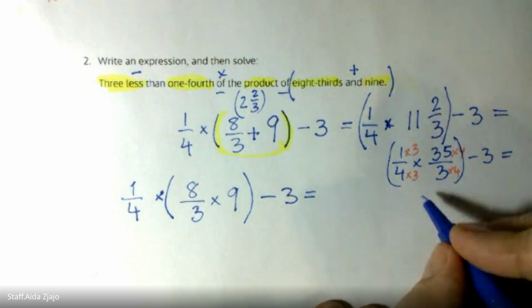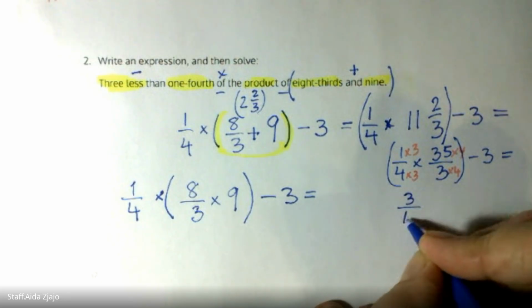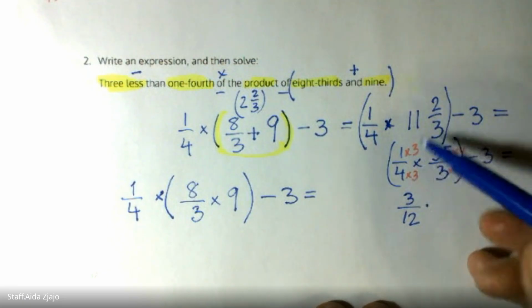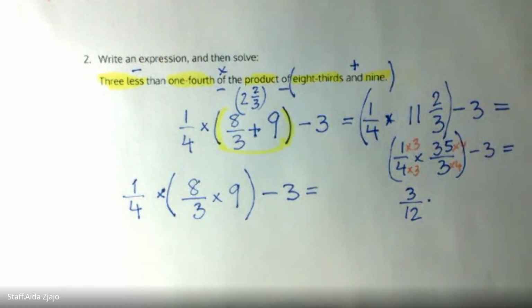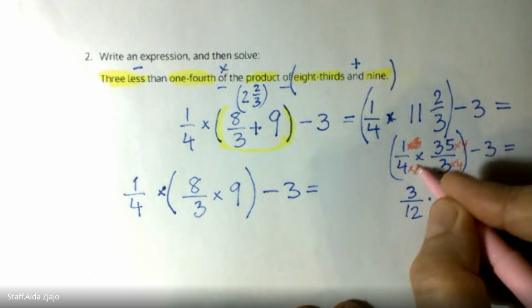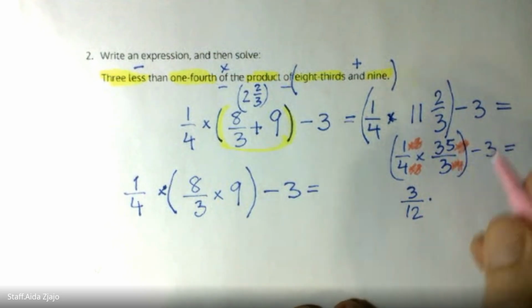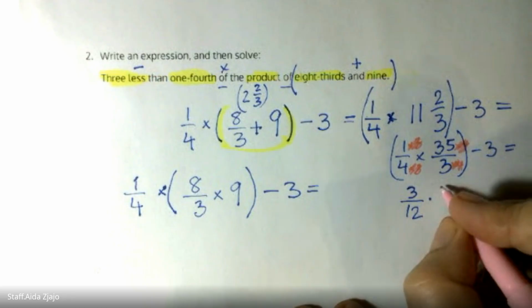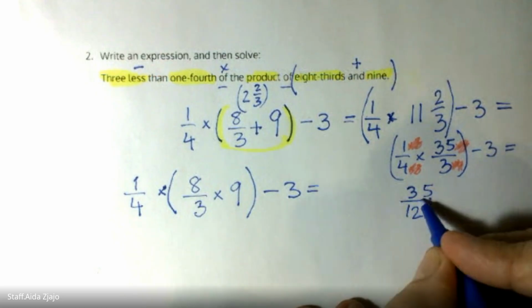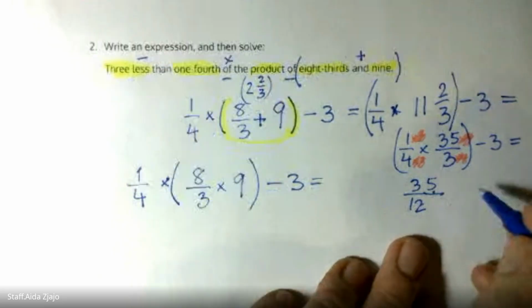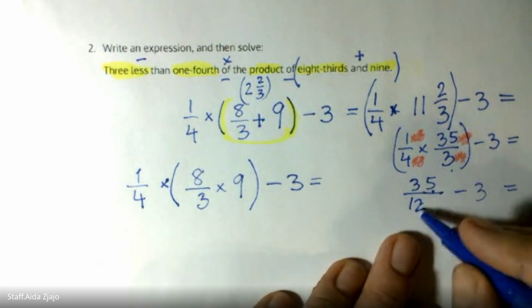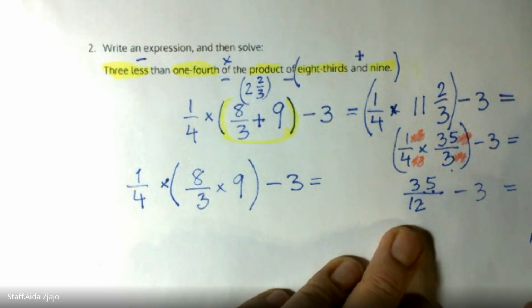So that would be 3/12 plus, oh, I messed up. It's not addition, it's multiplication. Oh my God, that's so bad. Okay, 1 times 35 is 35, and 4 times 3 is 12. 35/12 minus 3.